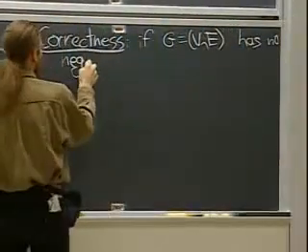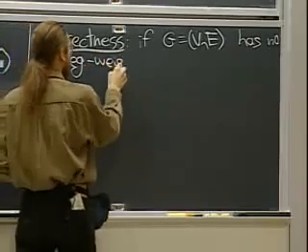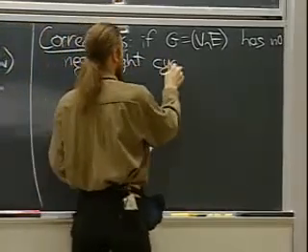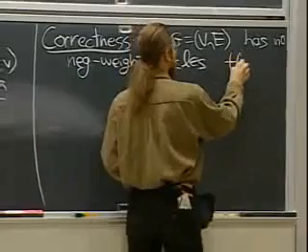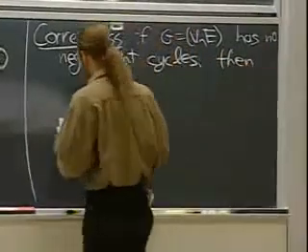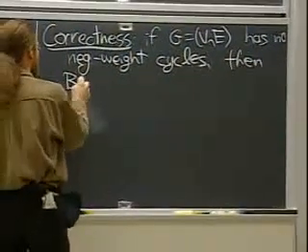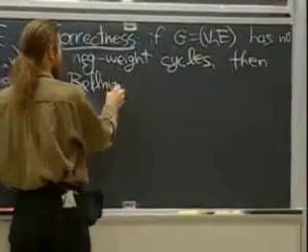So let's suppose we have a graph and some edge weights that have no negative weight cycles. Then the claim is that we terminate with the correct answer.